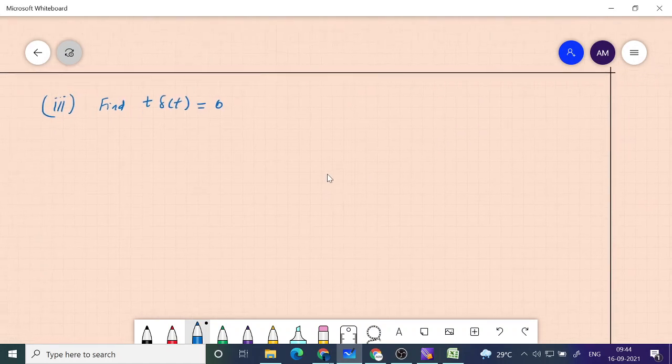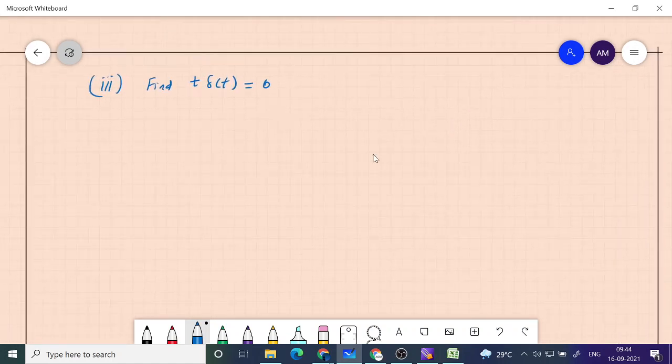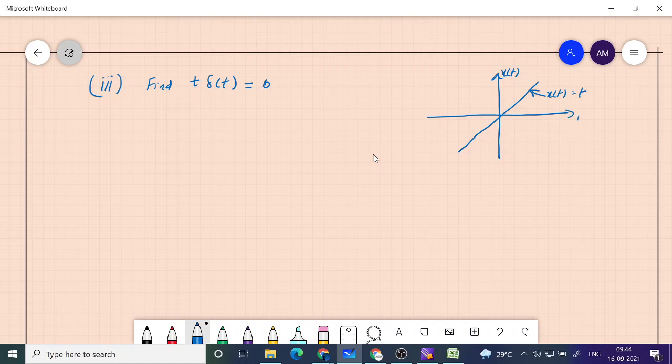The reason is that delta of t is 0 for all values of time except t equal to 0. And the other function t, if you plot t, is basically a straight line passing through the origin with a slope equal to +1. Say this is x of t, and x of t is equal to t, and this is your t.